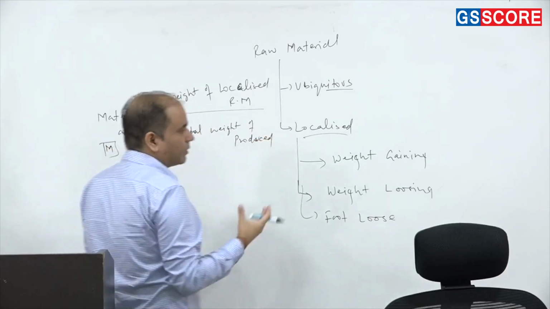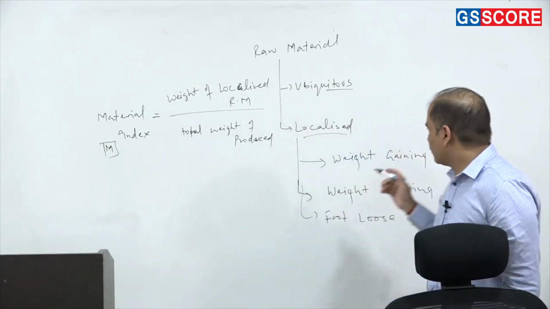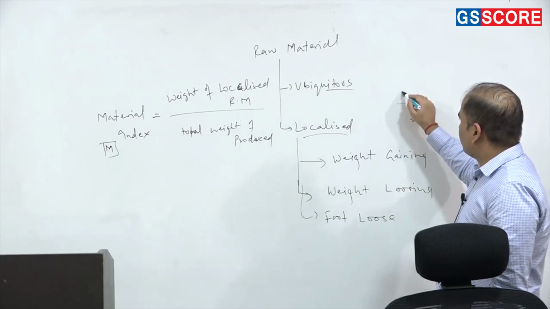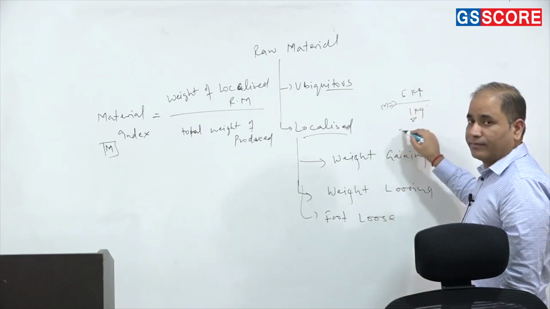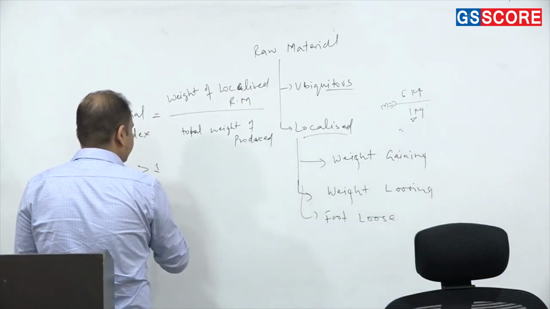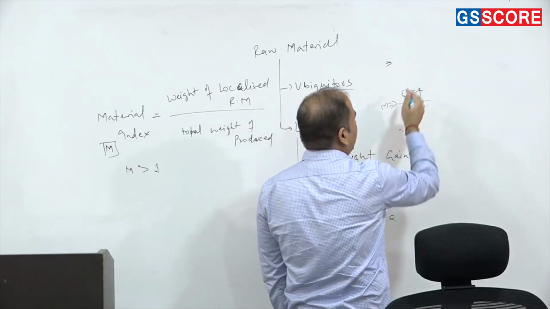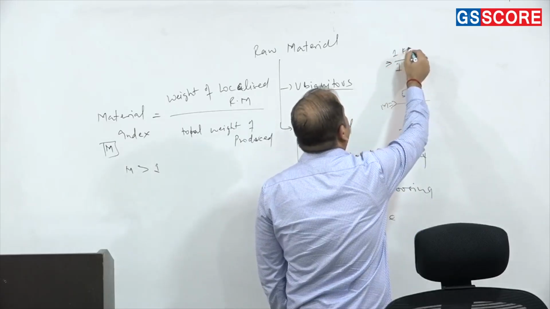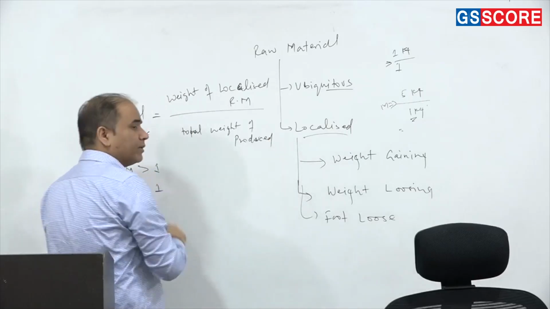So, let us suppose that you are producing 1 kg of steel. If 1 kg of steel requires 5 kg of coal, then M will obviously be more than 1. If you are producing 1 kg of cotton textile and you require 1 kg of raw cotton, then M is equal to 1.